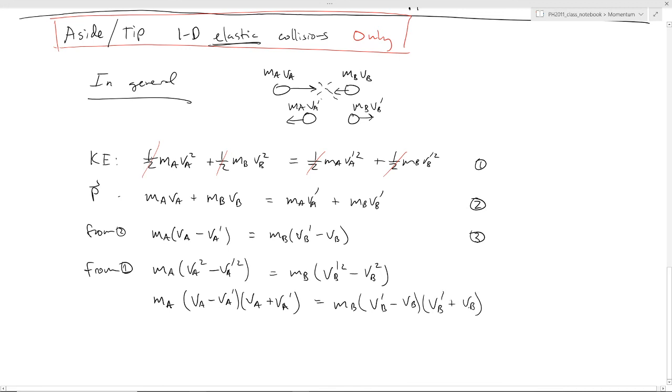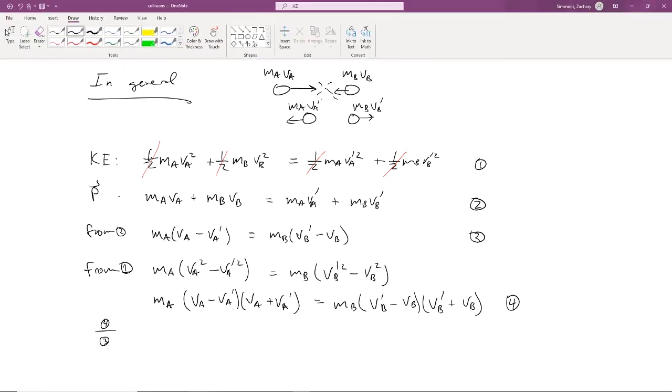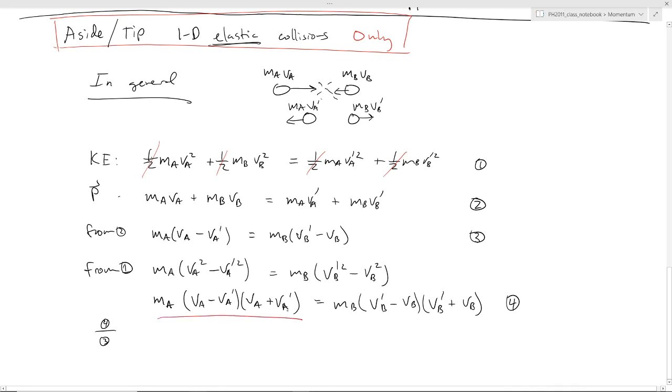Okay. Now, let's call this expression 4. Now what we're going to do is divide 4 by 3. So I'll do this in a different color. If we divide 4 by 3, we're going to divide here a factor of MA times (VA minus VA prime).